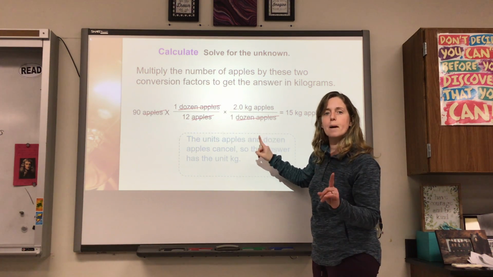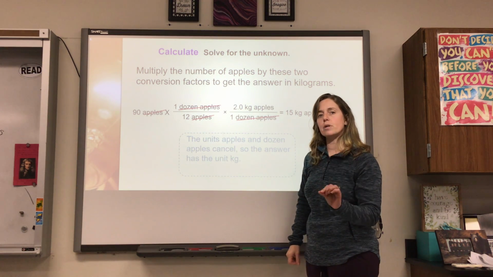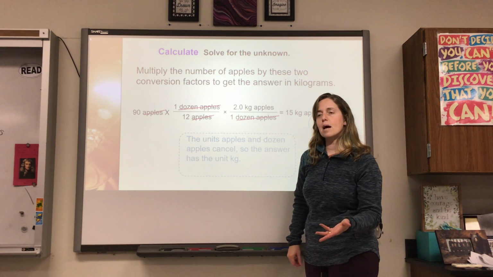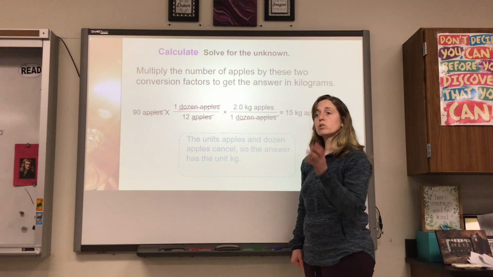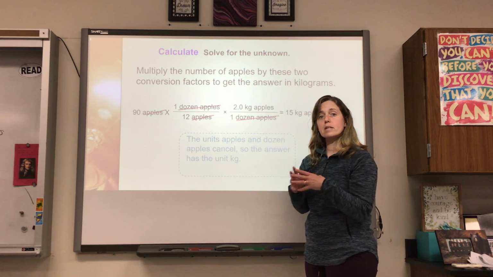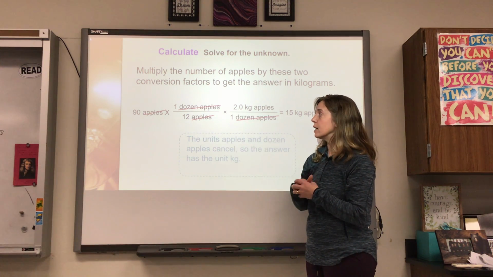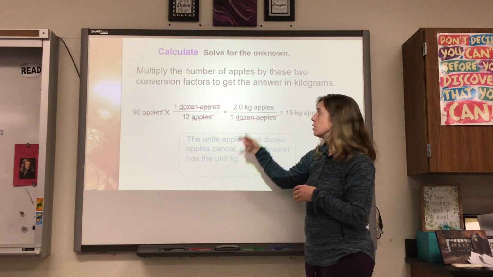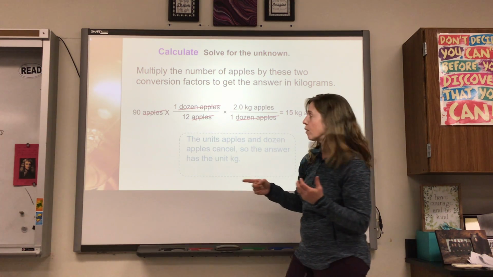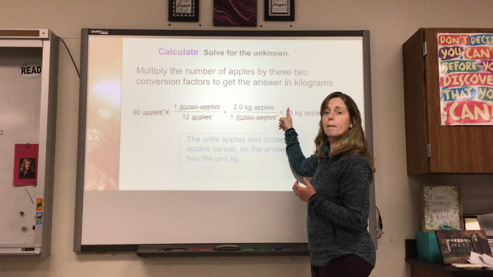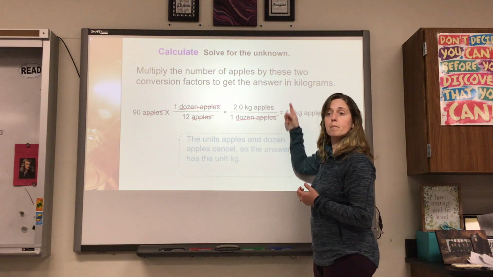Never cross out the numbers, only cross out the units, because if you start crossing out the numbers you're going to get confused. Now, there are 2 ways to do this. You can multiply by ratios by putting parentheses in your calculator: 90 times 1 over 12 times 2 over 1. Or some people prefer to multiply everything on top, multiply everything on the bottom, and then divide.